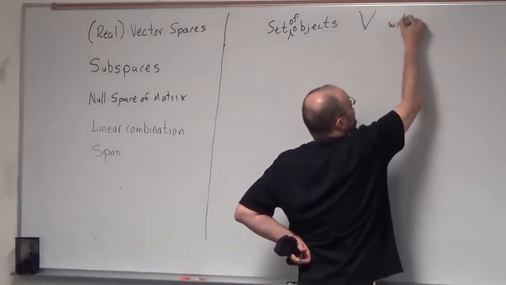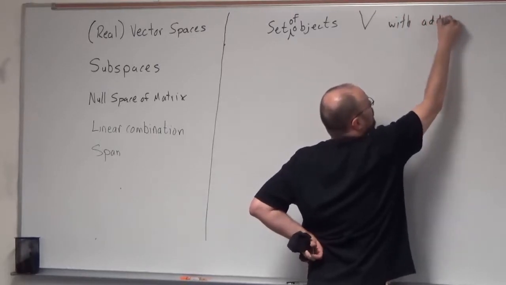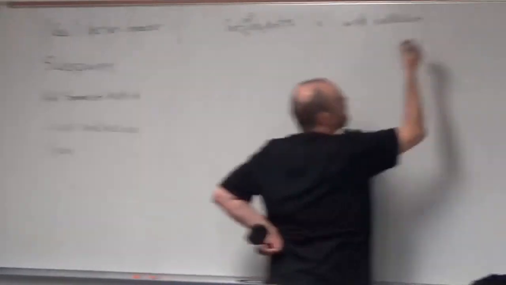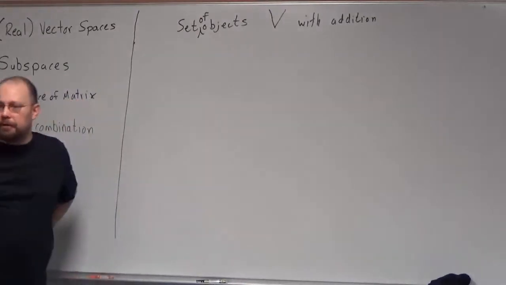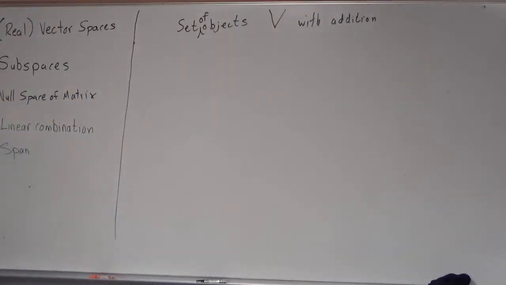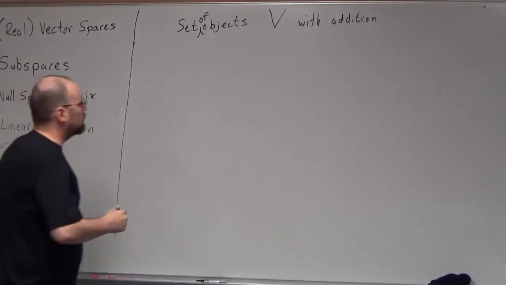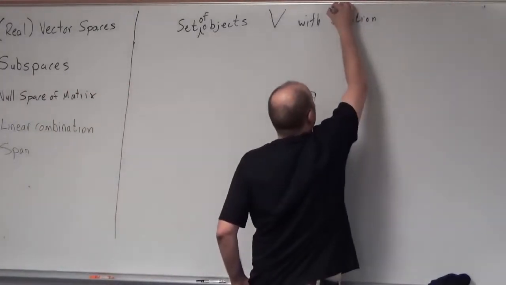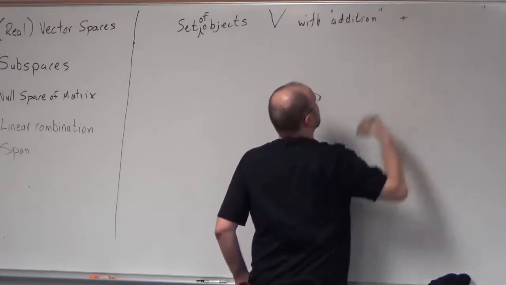Now, we're used to a certain standard addition of vectors, but we can define addition any way we want. It's just some operation where we take two objects, we add them, and we get a result. So addition can be more general than we're used to.